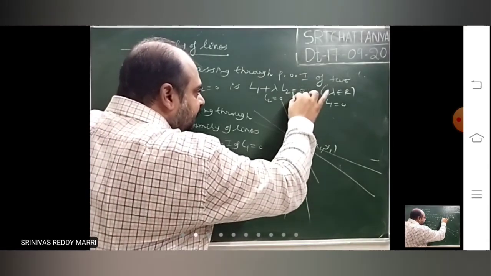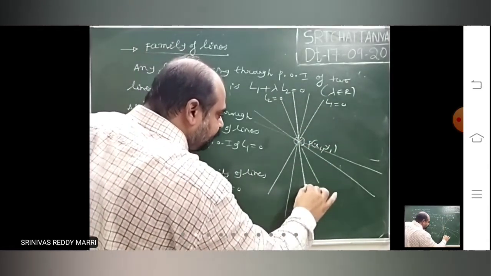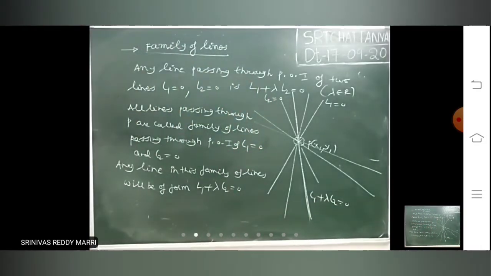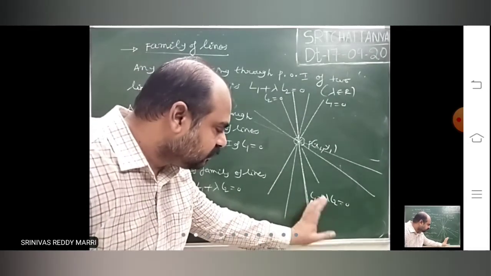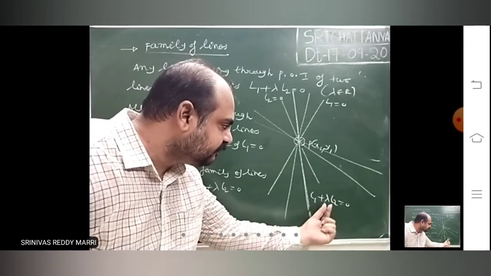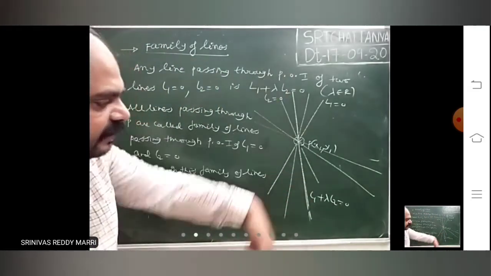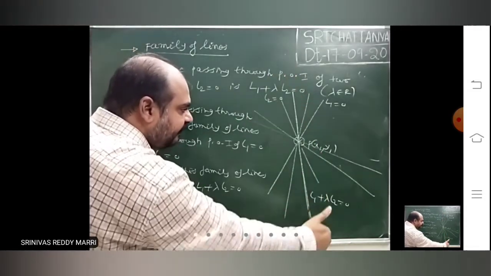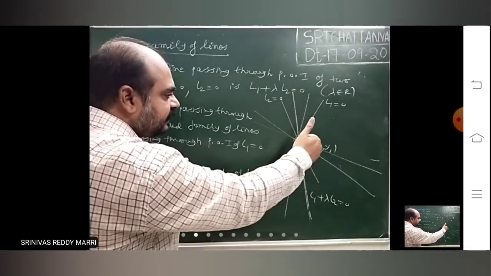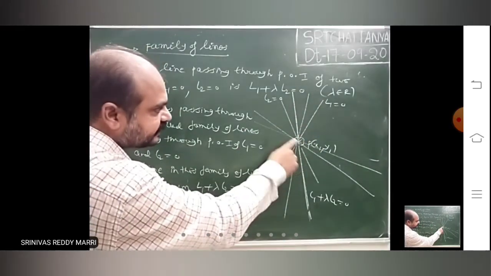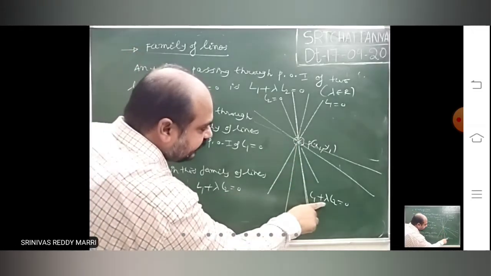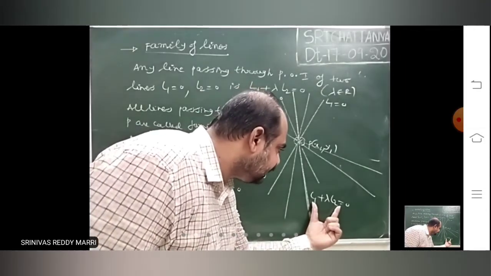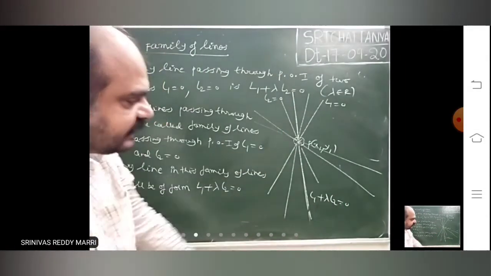That means any line passing through this point P, the point of intersection, we will take as L1 plus lambda L2 equal to 0. Depending upon the given condition, we will find lambda. Then you will get that particular line. For one line there will be one value of lambda. Whenever you want to find a line passing through the point of intersection of two lines, we take that line in the form L1 plus lambda L2 equal to 0. If another condition is given on the line, you can calculate lambda and then that line.